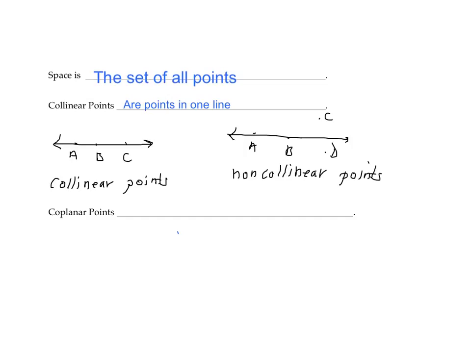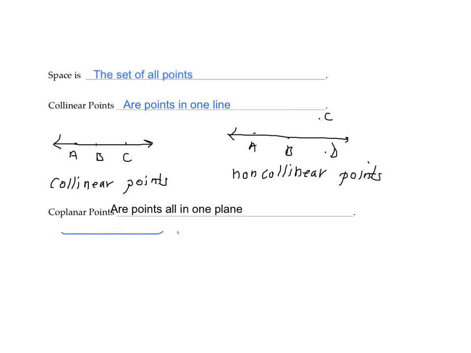Coplanar points are points all in one plane. When we show coplanar points, again, we usually draw a plane and just show that these points are within that region. Okay? So these are coplanar points.